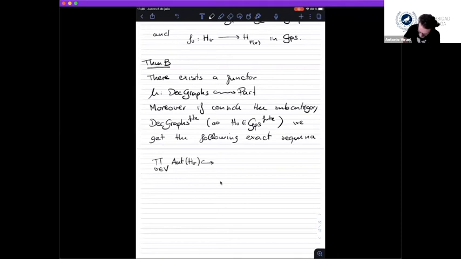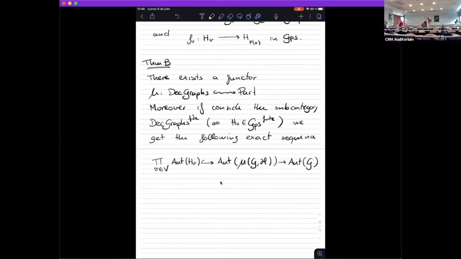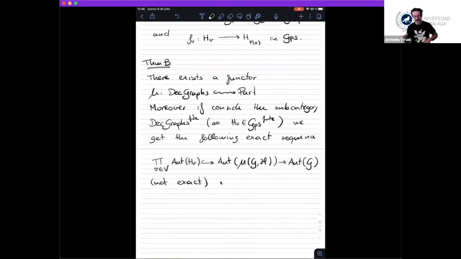This thing injects in Out(M(G,H)), and this thing goes to Out(G). Not exact, right? In general, it's not exact.